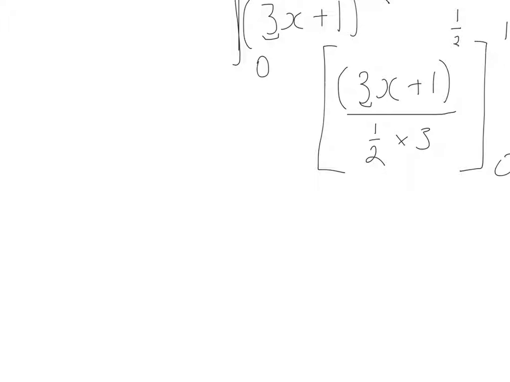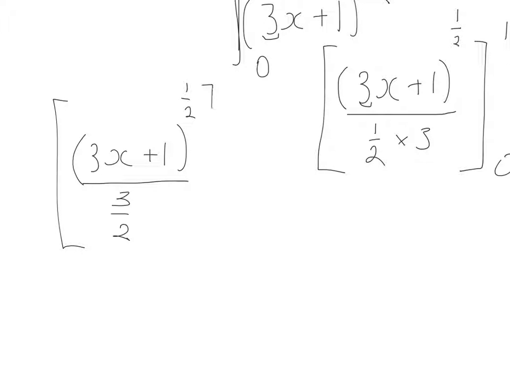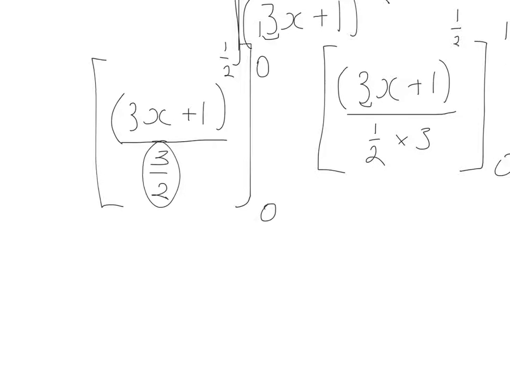So half times 3 is 3 over 2, so that's now (3x + 1) over 3 over 2, and that's to the power 1/2 up there, between 1 and 0. Remember, for dividing by a fraction, I can flip the fraction over, bring it up and multiply it.